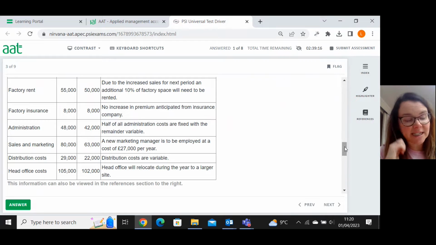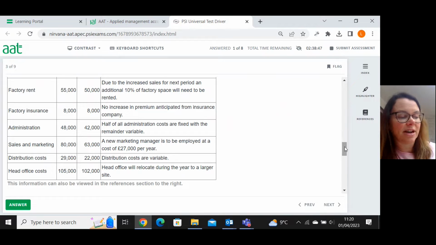So I have written this figure would have been expected to be £90,000, assuming sales and marketing costs stayed the same, and then add the 27,000 for the new marketing manager. However, the total cost is in fact £10,000 less than this, which suggests a reduction in the budget for other marketing activities. Somewhat surprising given the planned 15% increase in sales volume.